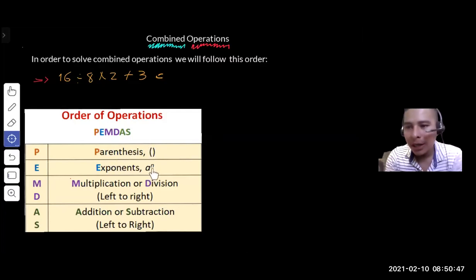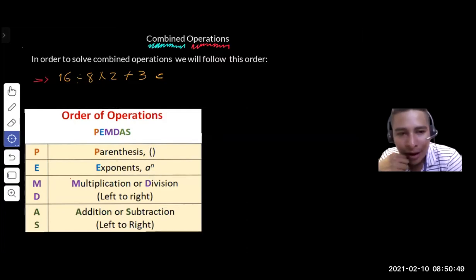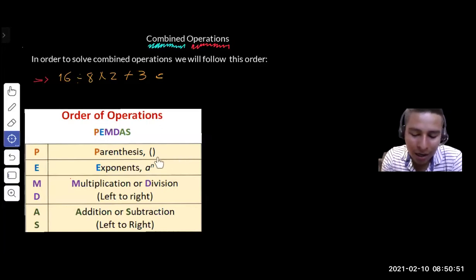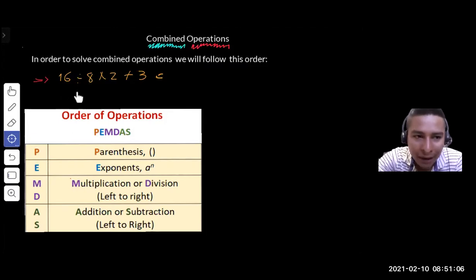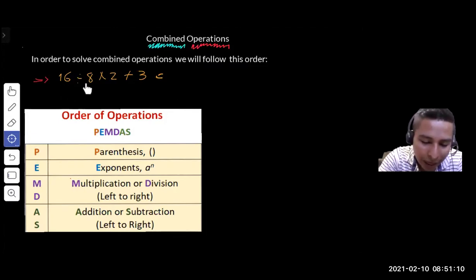Do we have exponents? No, we do not. Do we have any multiplication or division? Yes, multiplication and division. This is how we have to use it: from left to right. What appears first, the multiplication or the division? The division.